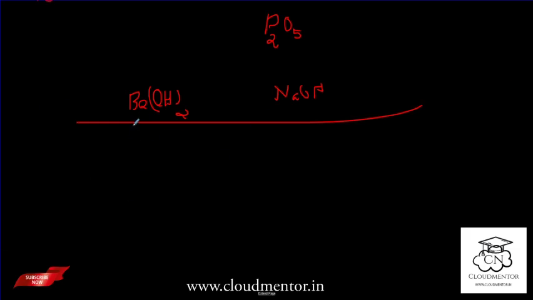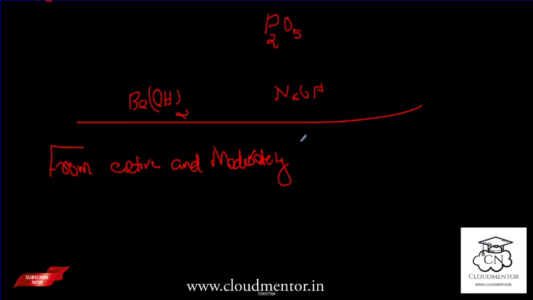And the next method is from active and moderately active metals. Active metals, when they react with water or any other protic solution, evolve hydrogen.